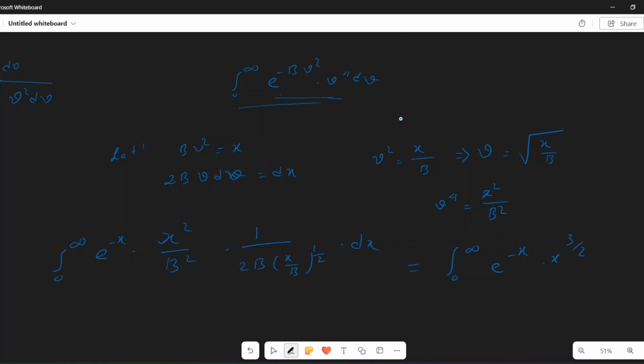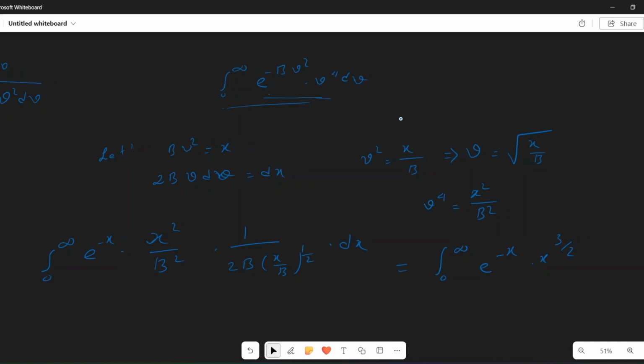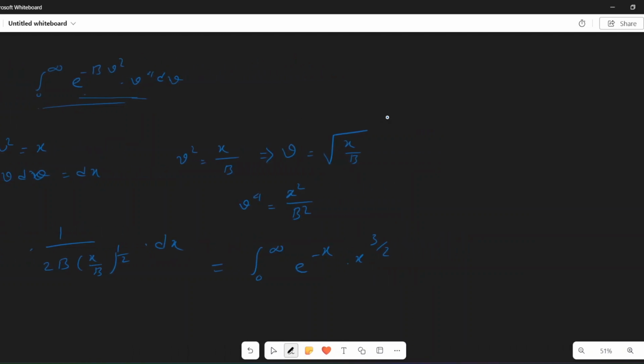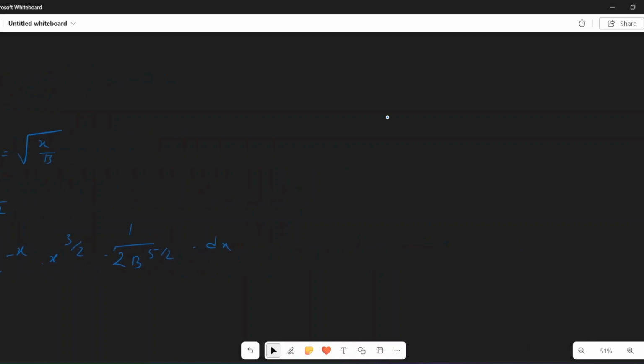All the terms of b are also put together, and that is 1 by 2b to the power 5 by 2 dx. Okay, now look at the expression.